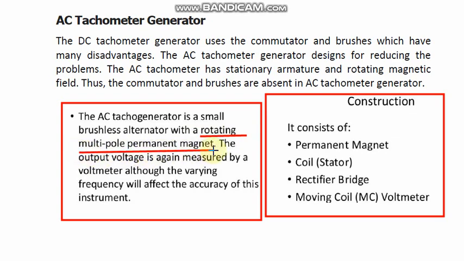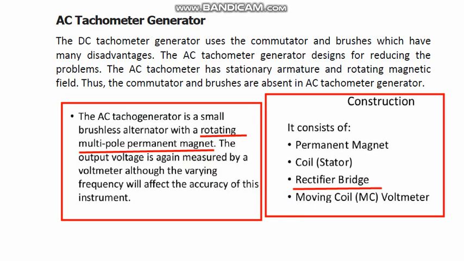Many times it is a 4-pole permanent magnet, and the output voltage is again measured by a voltmeter. Since it is a permanent magnet moving coil voltmeter, we need a rectifier bridge and filter circuit to convert the received AC voltage into DC voltage.